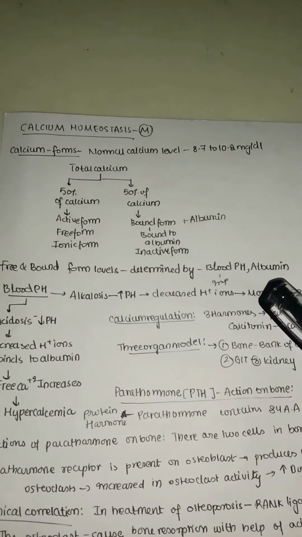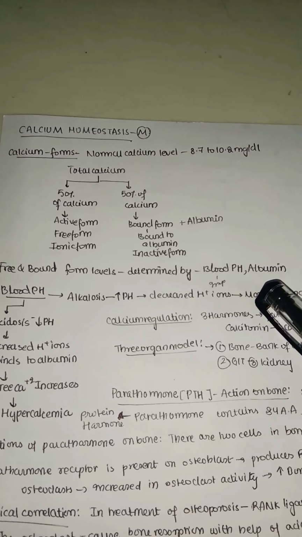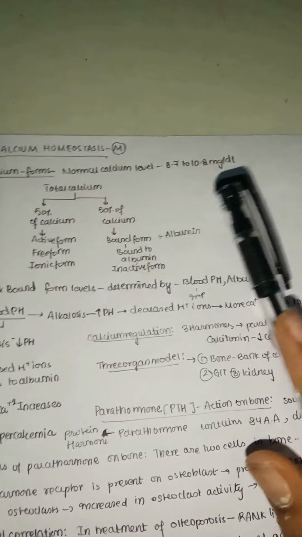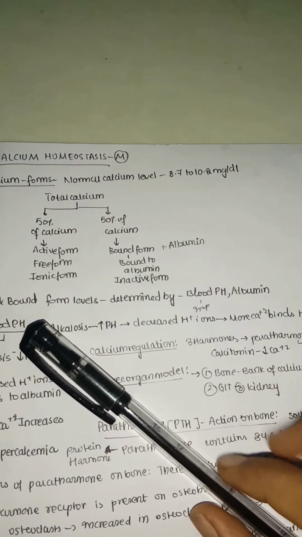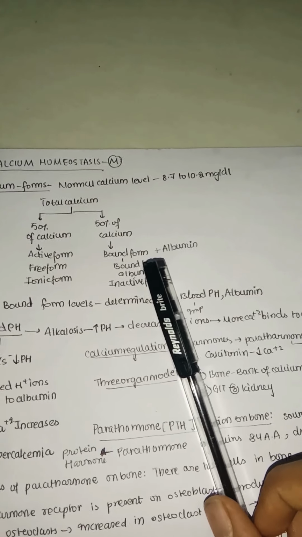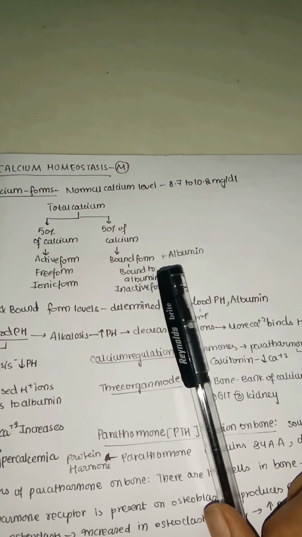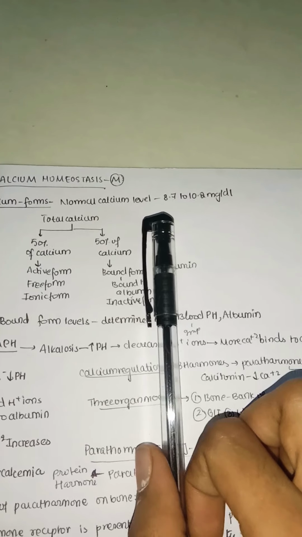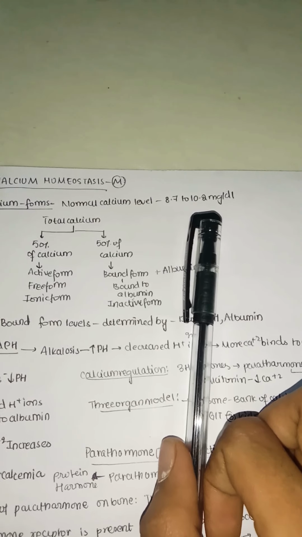Total calcium is divided into two forms. 50% of calcium is the free form, the active form, whereas 50% is the bound form, especially bound with proteins like albumin. The normal calcium level in our body should range between 8.7 to 10.2 milligram per dl.